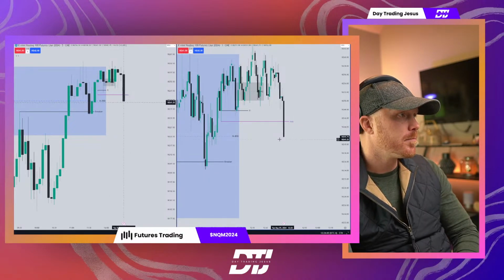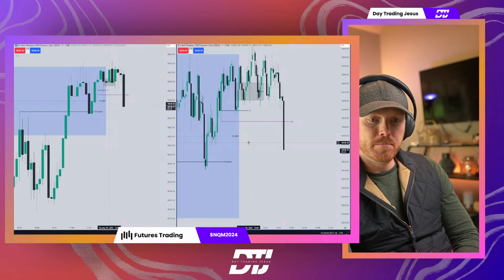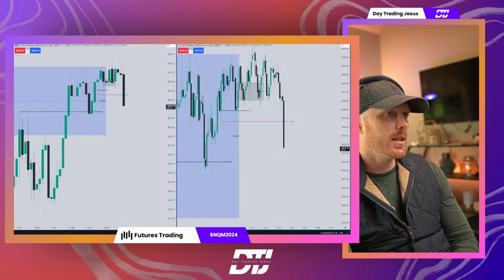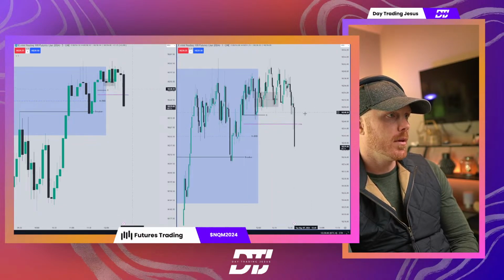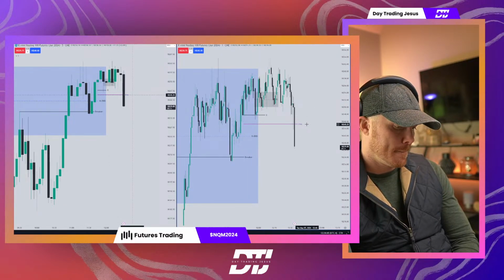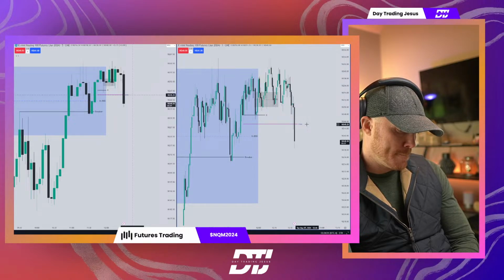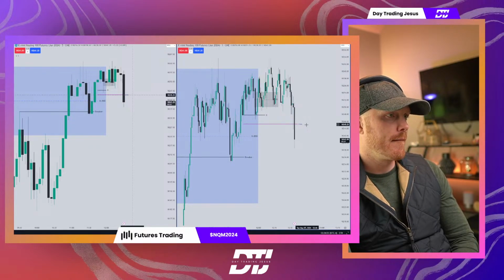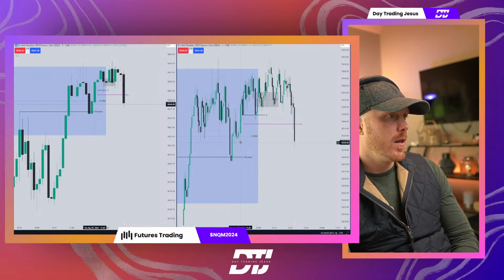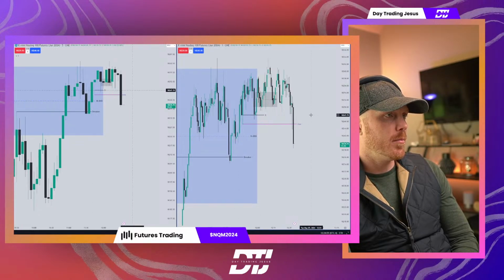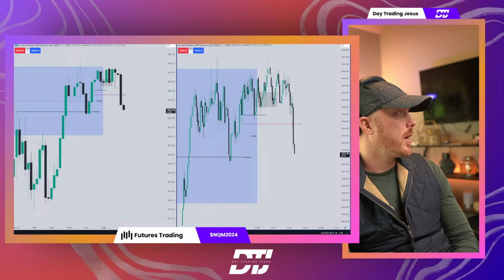We've got some movement. I like this. That's a lot of movement. I don't want to miss the whole thing. Grab some of this liquidity right here. Let's see if we can pop back up. I don't like the 1 minute as much.